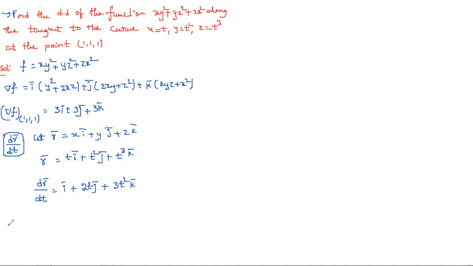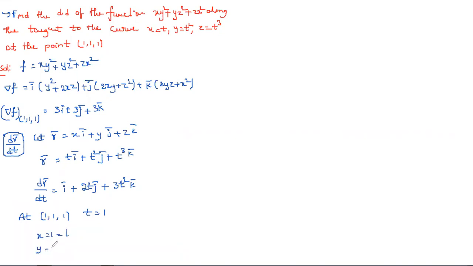Now we need to evaluate at the point 1, 1, 1. Here, if x is equal to 1, obviously t is equal to 1, and y is equal to 1, t is equal to 1, z is equal to 1, and t is also 1. At 1, 1, 1, t is equal to 1. So x is equal to t, that is nothing but t.